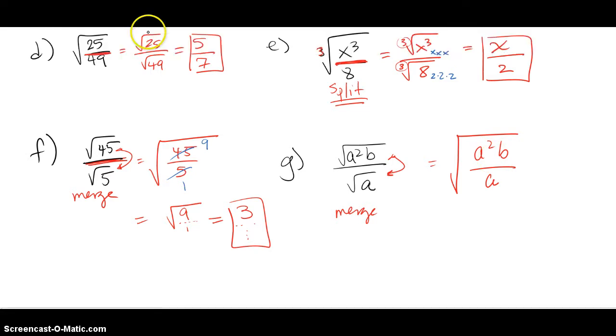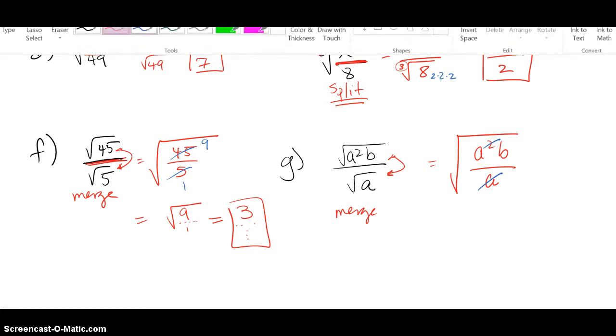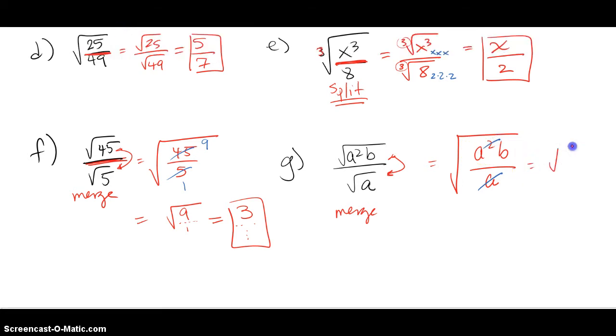So I have this A disappears with one of these A's, and I end up with square root of 1A on top, 1B on top, only a 1 in the bottom, so I don't need to put it there. And since I don't have enough of A or B, there's nothing more I can do. This is the best that I can do. Both A and B are basically trapped under the radical.